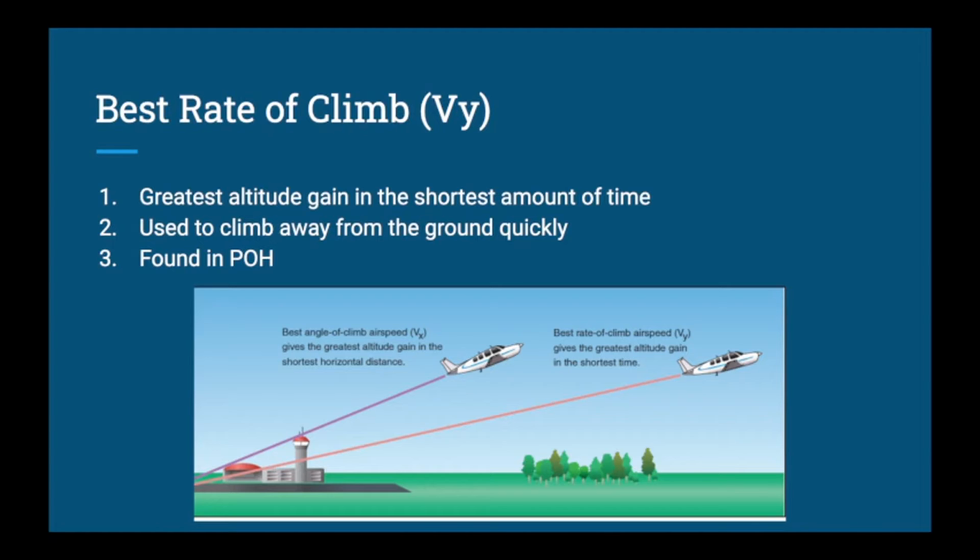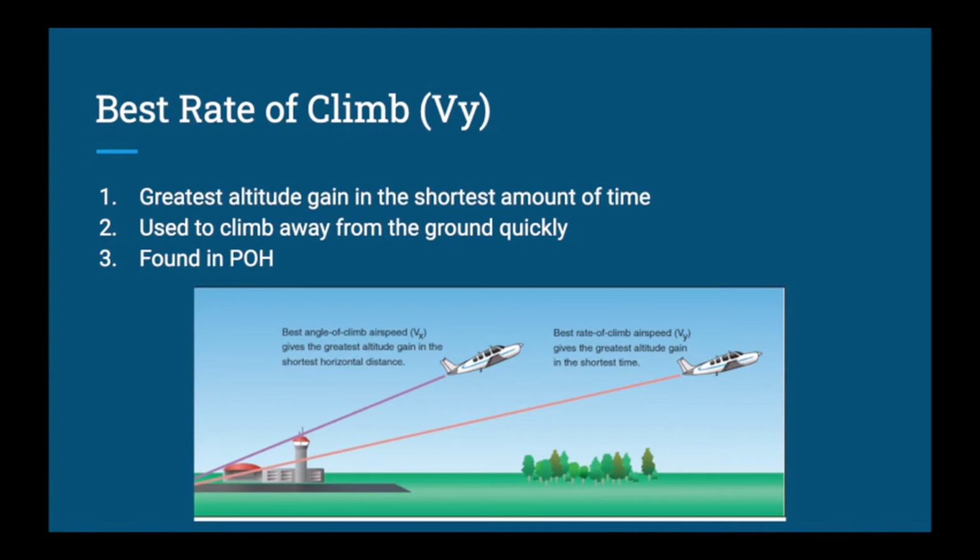Okay, now looking at the best rate of climb. This airspeed is known as VY, and this is the greatest altitude gain in the shortest amount of time. So if you want to climb up to altitude and spend the least amount of time doing it, you're going to climb at VY. This is handy just to save time.